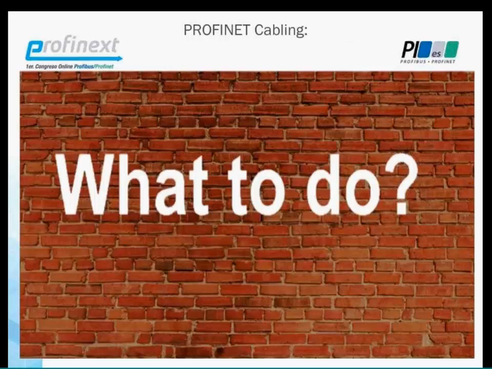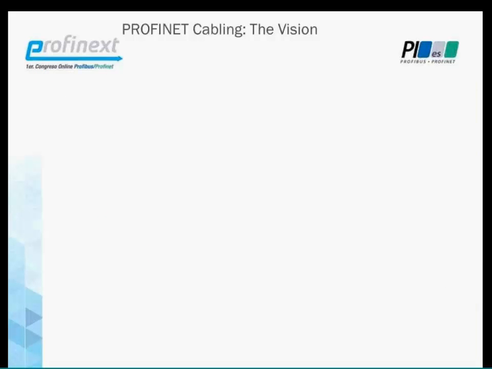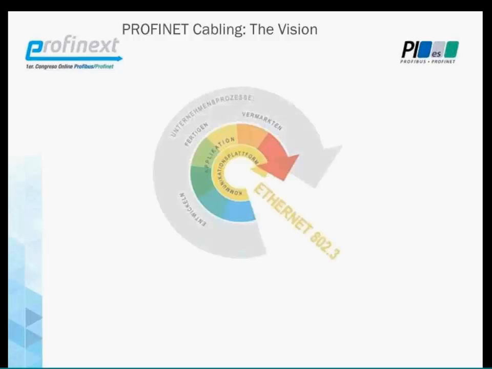So there are walls between IT and automation cabling today, and the question is what to do. And we had this question too a few years ago when we discussed what the next generation Profinet cabling will be in the future.